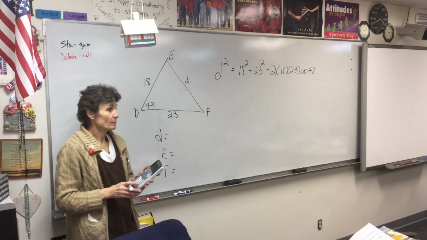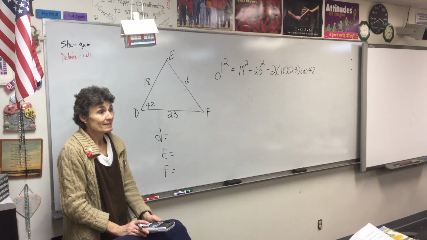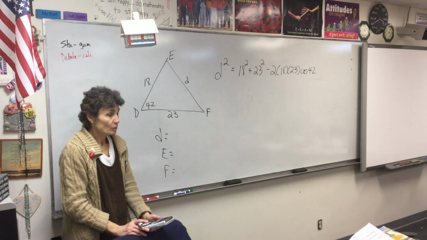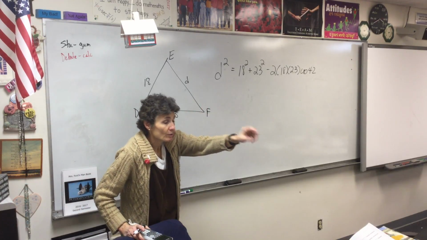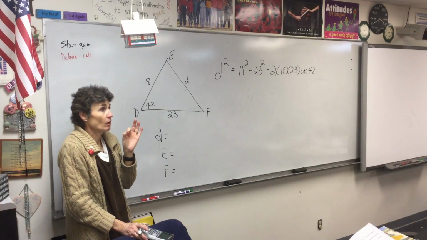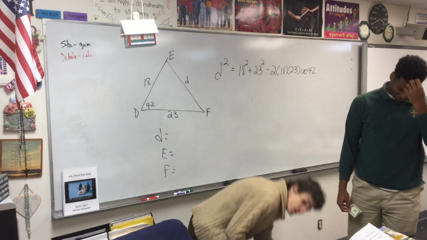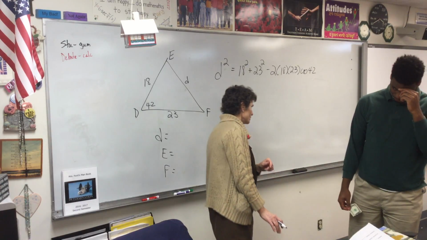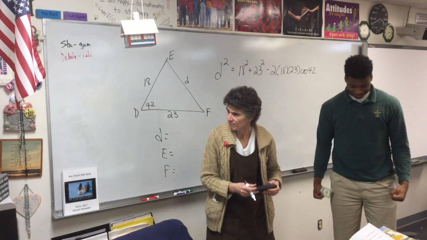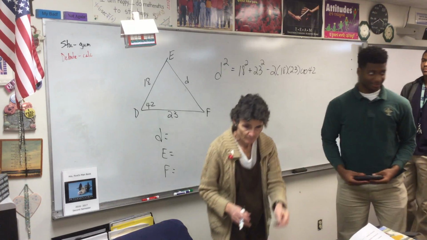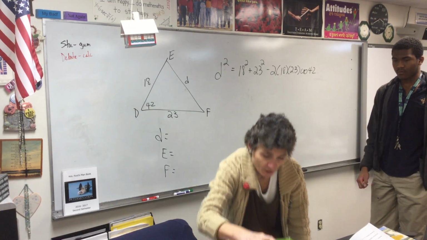And tell me, somebody with a calculator, what did you get for side D? 237. Now be careful. We've got to square root it. This is a big deal with the law of cosines.